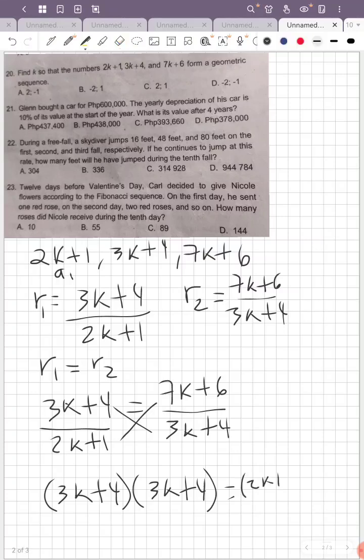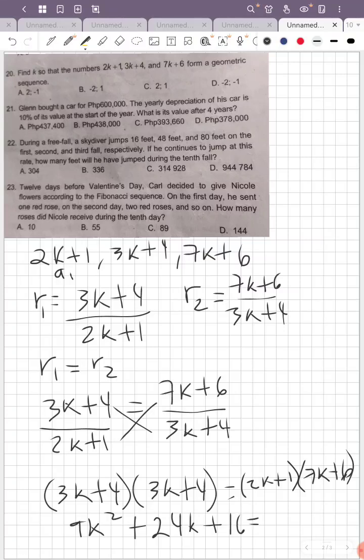We have 3k plus 4 times 3k plus 4: 9k squared, plus 3k times 4 is 12k, 3k times 4 is 12k, so we have 24k, and 4 times 4 is 16.